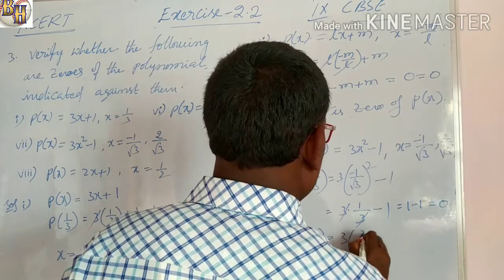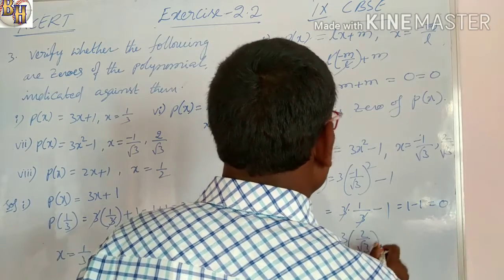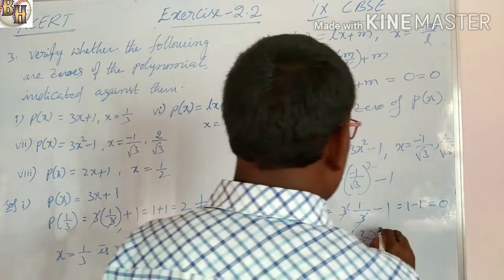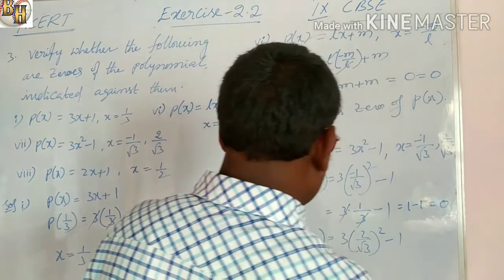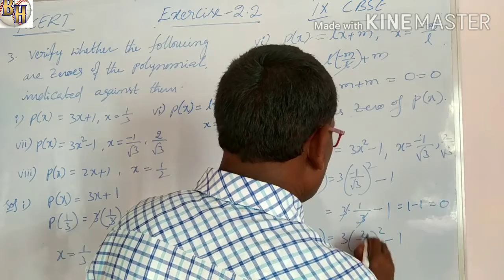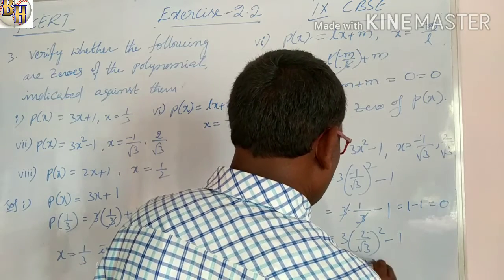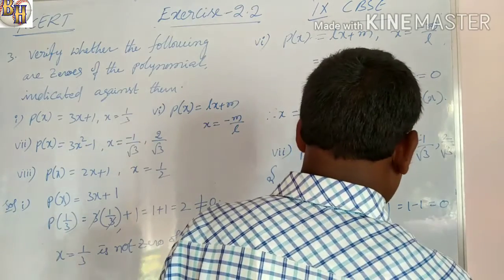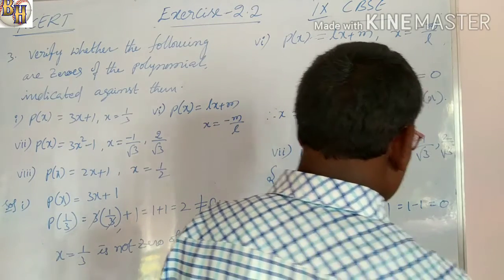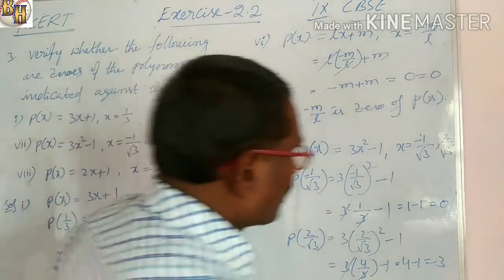Again, P of 2 by root 3: 3 into 2 by root 3 whole square minus 1 is equal to how much here? 3 into 2 square, 4, so 4 by 3 minus 1. 3, 3 cancel. Here how much? 4 minus 1 is equal to 3. Is 3 equal to 0?